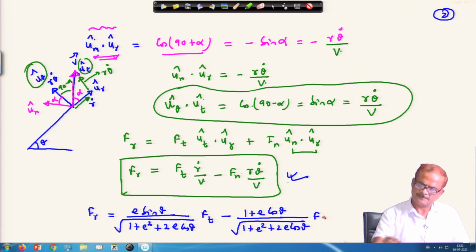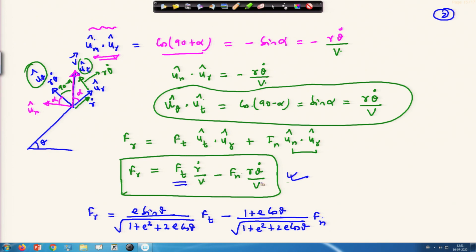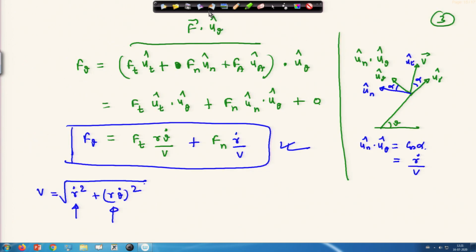We are replacing in terms of t and n. So, now this is f n as this part and this part.